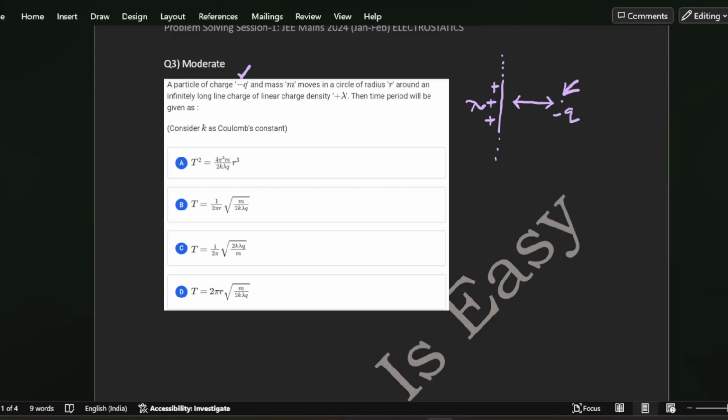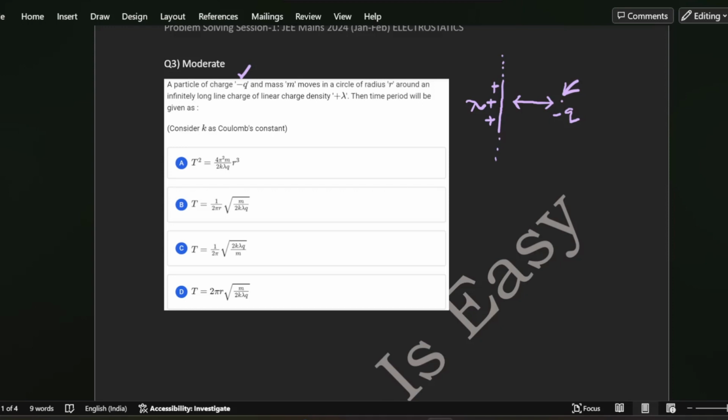Okay, it's static. But on the other hand, this minus q charge, as it will be experiencing a force of attraction, you can just relate it with the centripetal force. So the centripetal force, what does it do?